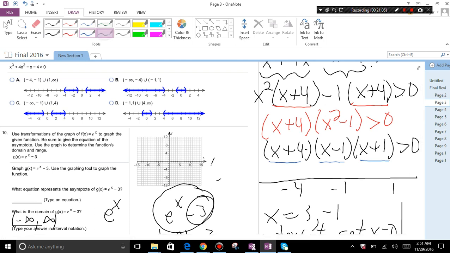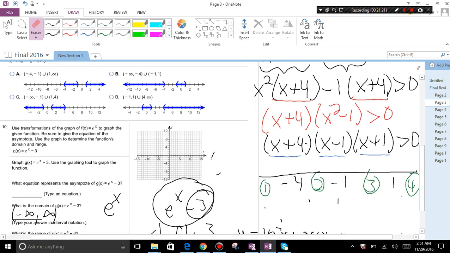Now we just pick values in each one of these places. Here's place number 1, place number 2, place number 3, and place number 4. In each one of those intervals, we'll pick a value to plug in to see whether you get a positive or a negative. We're looking for positives because we want the left-hand side to be bigger than 0.